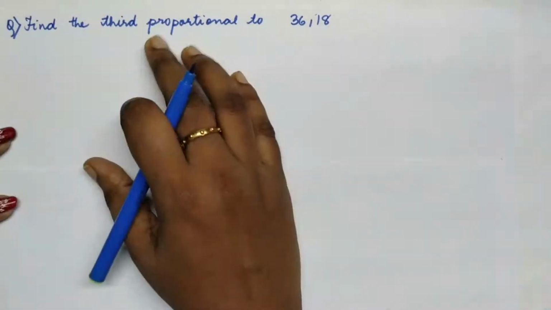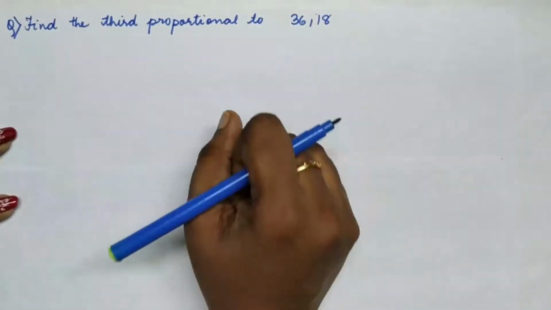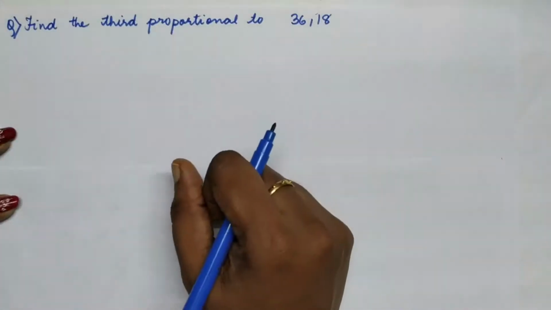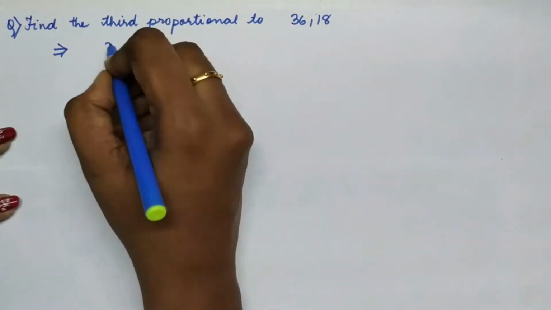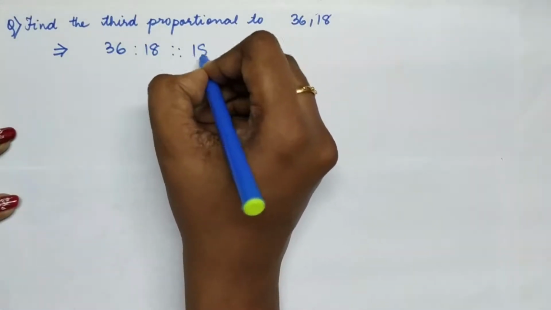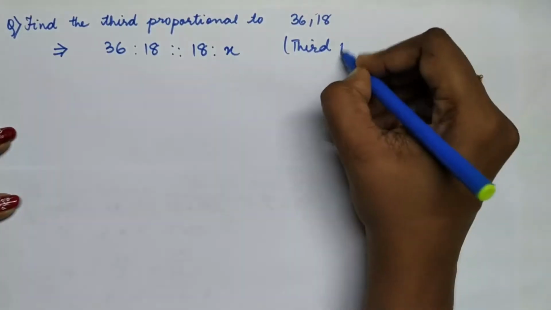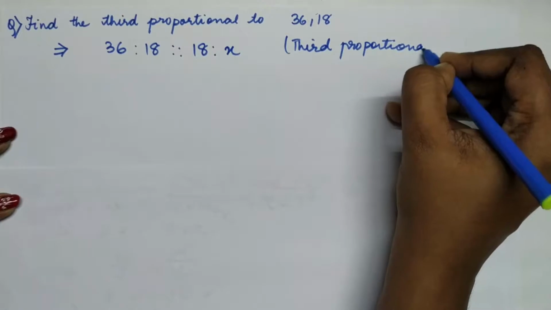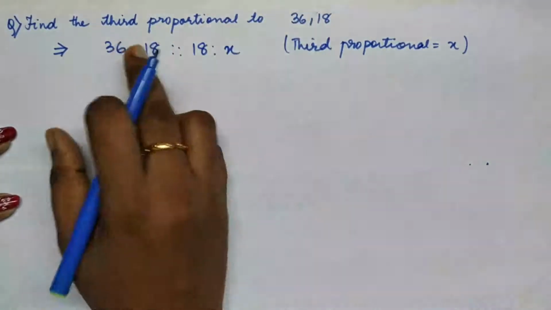Now my next question is: find the third proportional to 36, 18. You might be thinking that we have only 2 numbers, how to get the third proportional? If you remember the continued proportion concept, 36 is to 18 as 18 is to x. So the third proportional here is x. We have to repeat the second term 2 times.